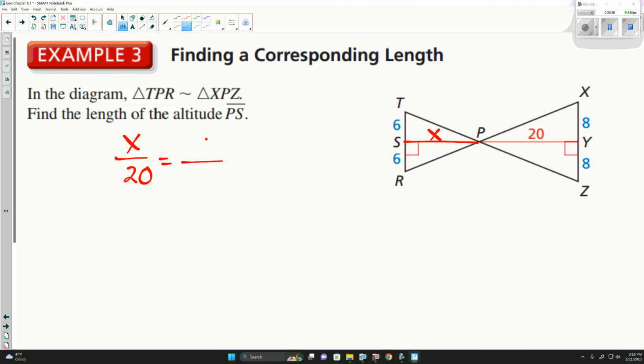So x over 20, because the altitude of one over the altitude of the other would be similar to what other lengths? 6 and 8. 6 was connected with x, and 20 is connected with 8. Now what can we do next? We can multiply both sides by 20.